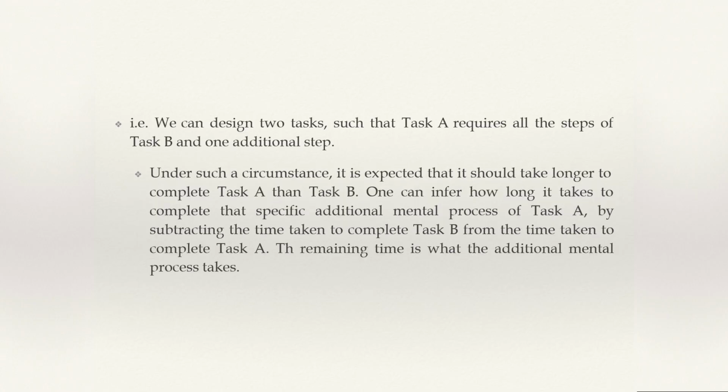So, how did Donders propose to do this? He says we can design two tasks such that task A requires all the steps that are required in task B and one additional step. Alright.